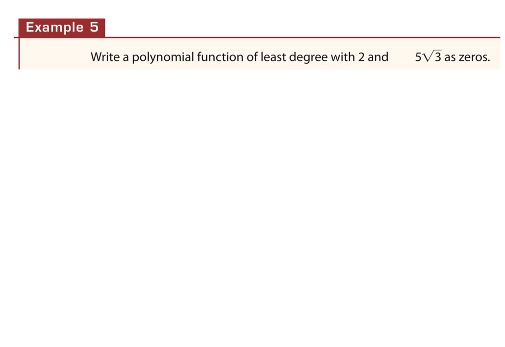It says, write a polynomial of least degree with 2 and 5 square root of 3 as zeros. So it wants us to write a polynomial of least degree. The first thing we need to think about is, what's the degree going to be? Well, they've given me a 0 here, so one of my zeros is going to be 2.